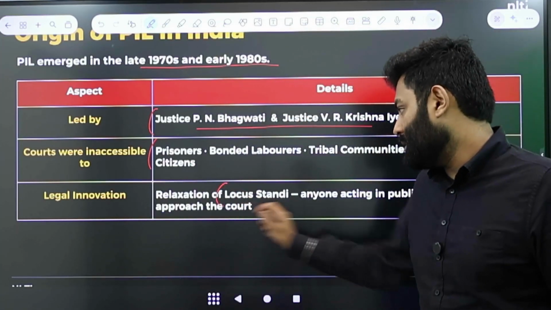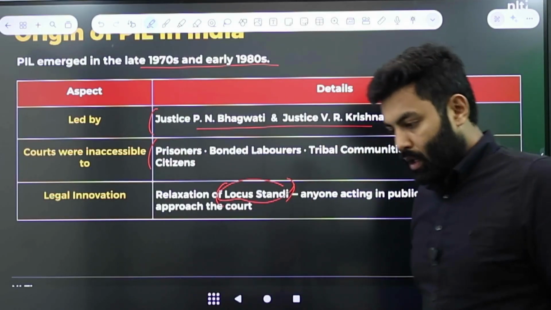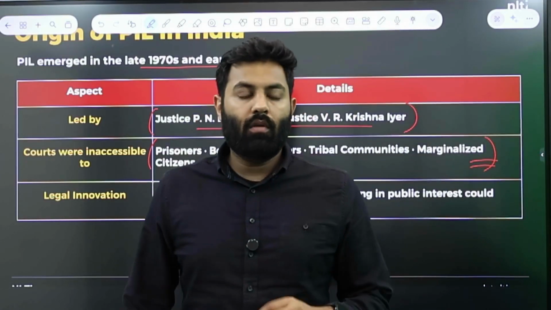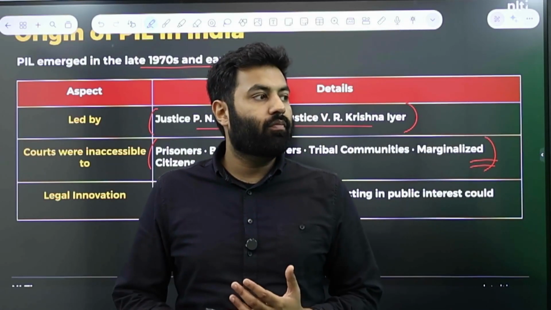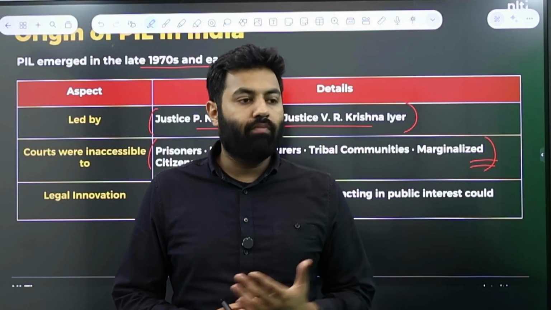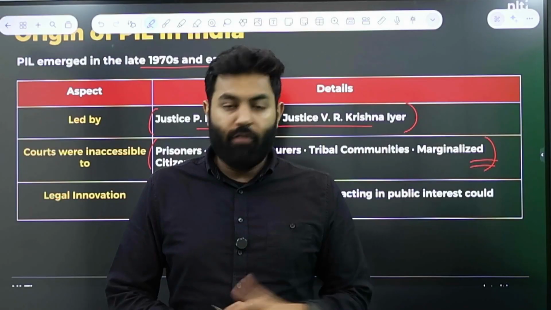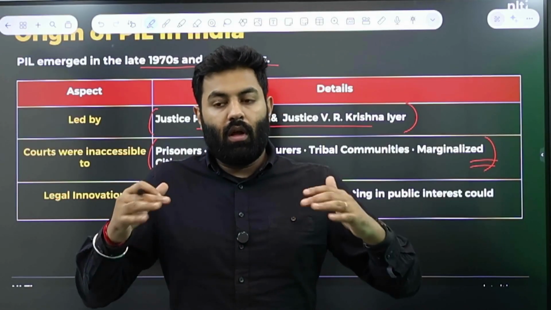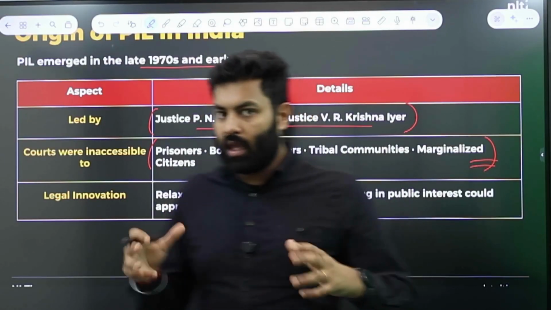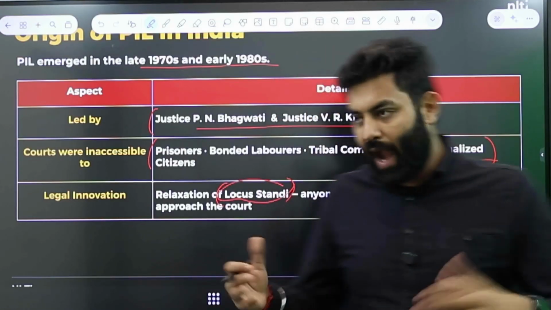Relaxation of locus standi. That means, normally, the case is all about the accused and the victim.